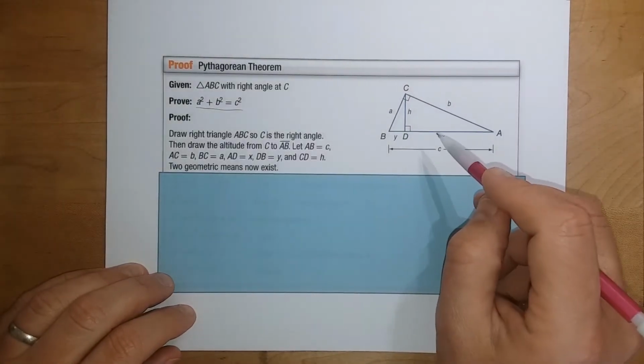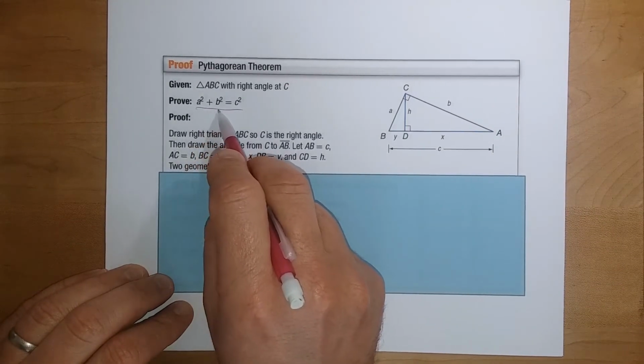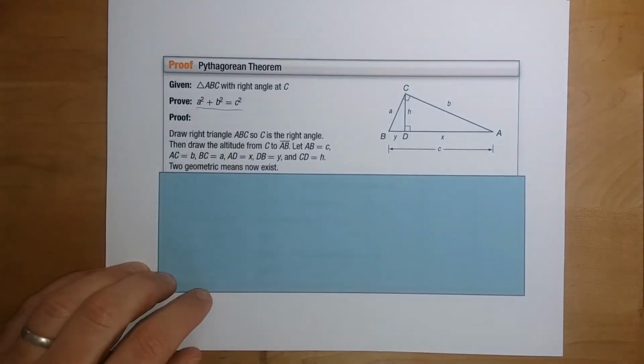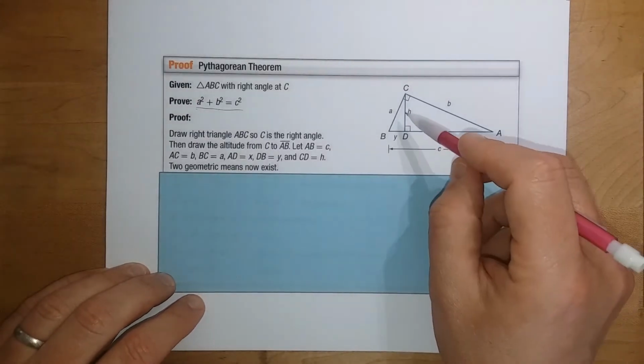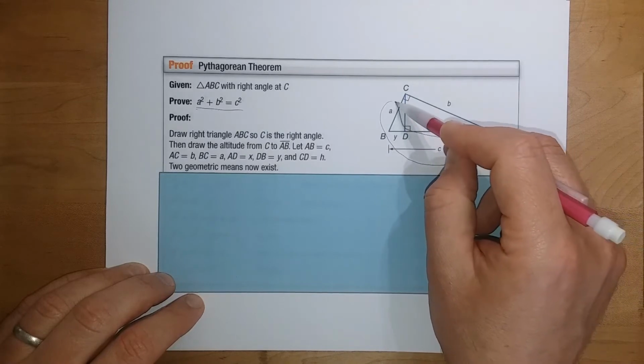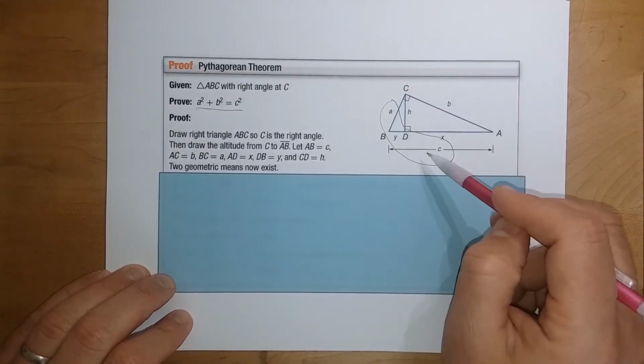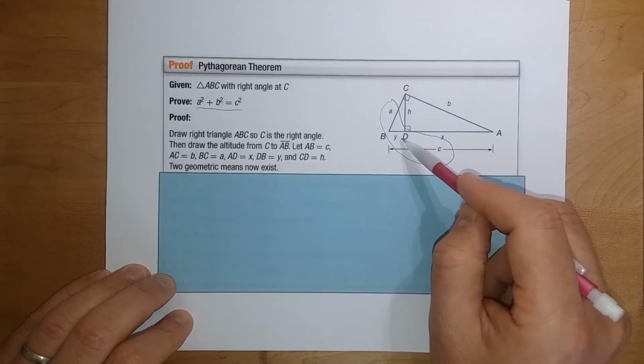One thing that we could recognize, if we're after a squared plus b squared equals c squared, you might remember what we talked about, geometric mean. And we know that this a is always going to equal the geometric mean between y and c.